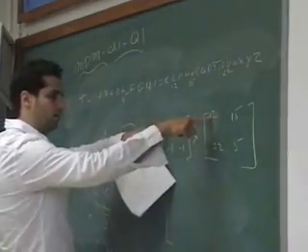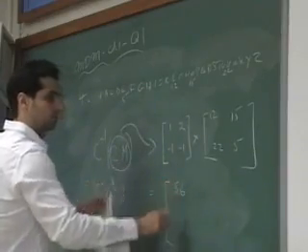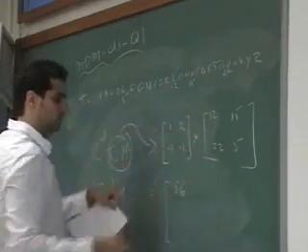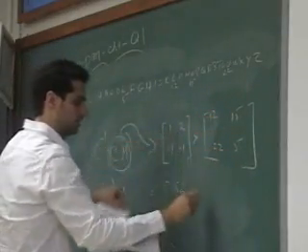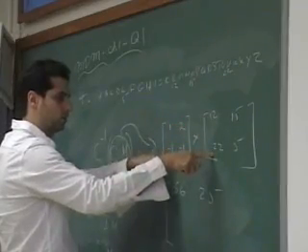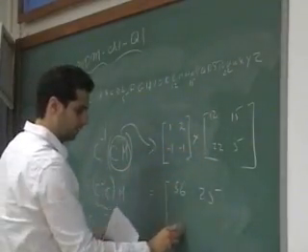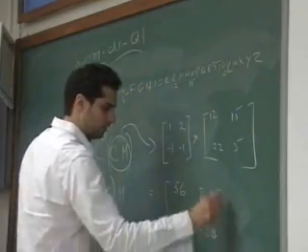We have a 12 and a 44, that's 56, correct? We can go this way. We have a 15 and a 10, that's 25. We have a negative 12 and a negative 22, negative 34. And I have a negative 20. Does that look right?